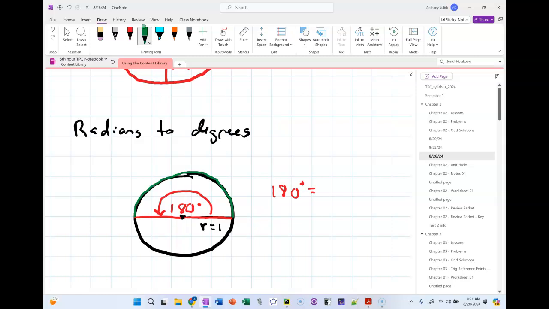Now, how much of the circle's circumference is that radian measure? Half, right? Would you agree? Does anybody remember the formula to find the circumference of a circle? From geometry, it was a long time ago. 2 pi r.